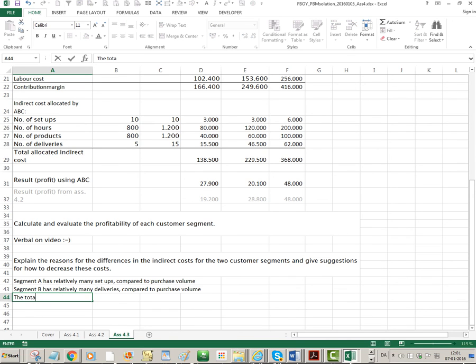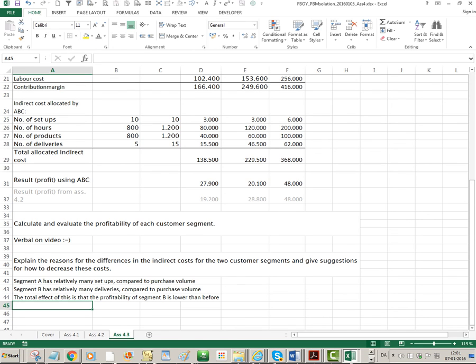The total effect of this is that the profitability of segment B is lower than before, or you could maybe write it's higher for segment A.